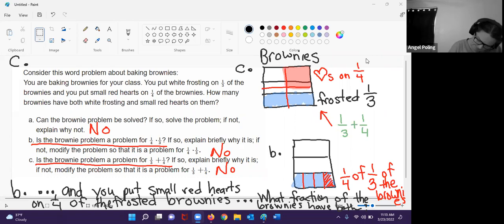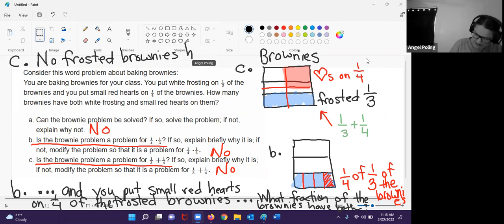Let's get no frosted brownies have red hearts, so they're separate.